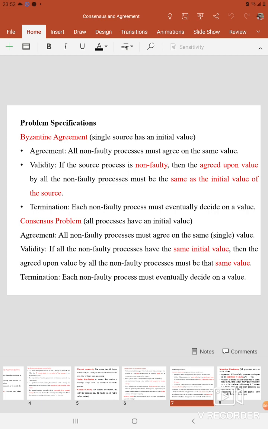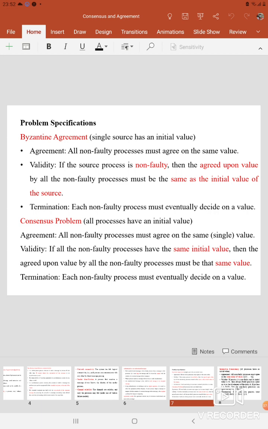The next one is the consensus problem. Here all the processes have their own initial value. For agreement, all the non-faulty processes must agree on a single value, even though we have multiple values.